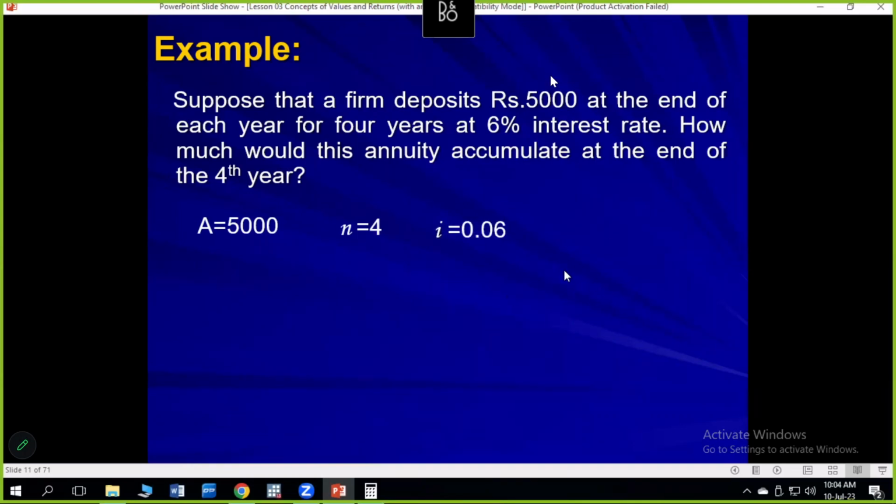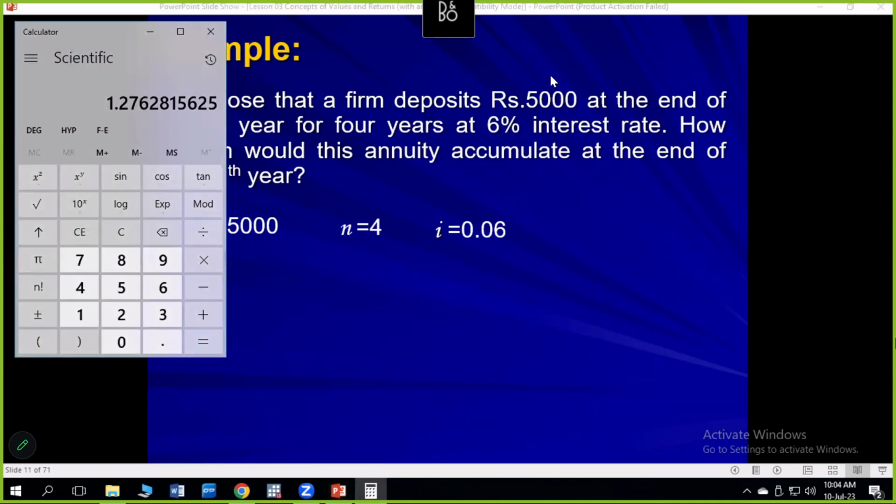The interest rate is 6%. You should be able to convert the 6% into a normal figure, that is 0.06. Sometimes you can get confused over it. So there's a method: you take 6 divided by 100, then you get the result.